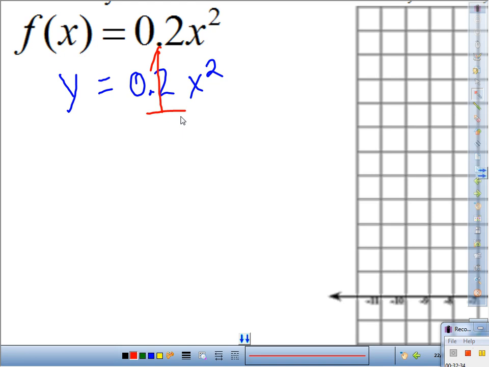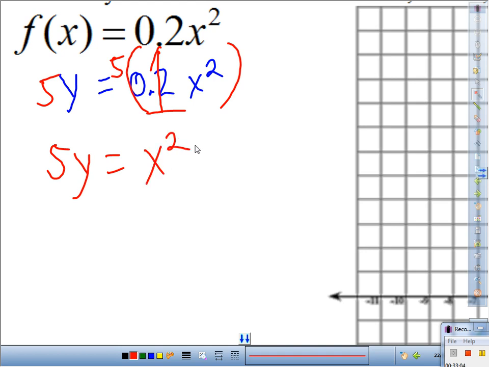Who's got it? Noah. Divided by itself or multiply by 5. No extra credit. How about that? Times 5 times 5. So we get 5y equals 1x squared. That is correct.